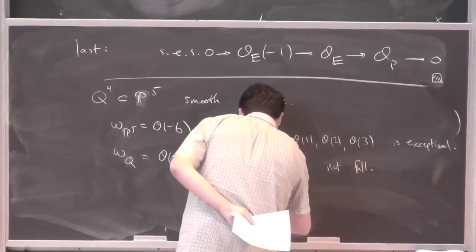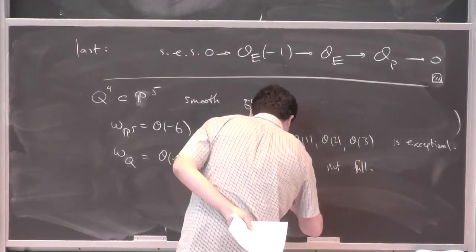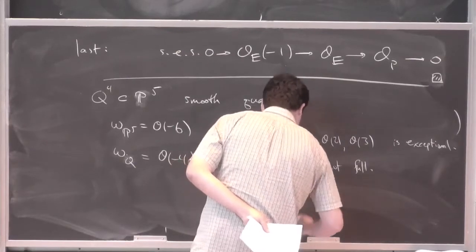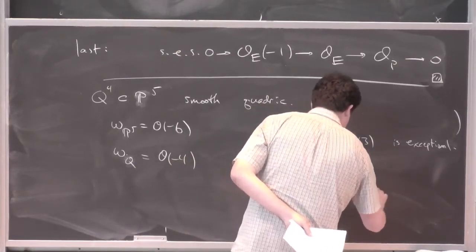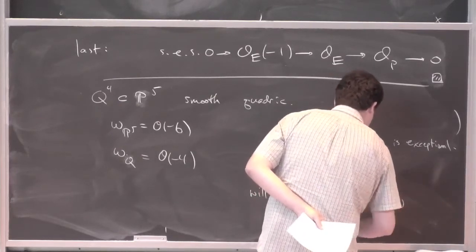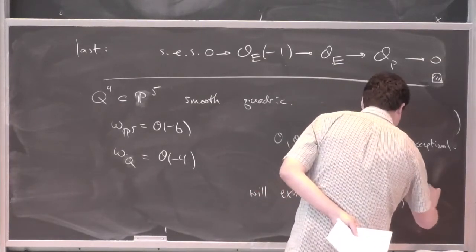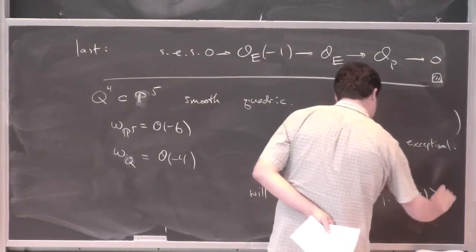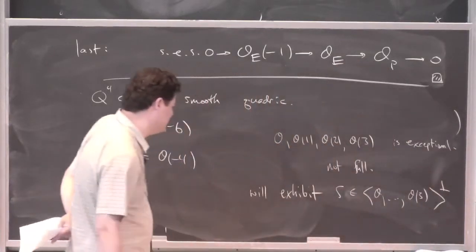And what we'll do, we'll exhibit some S in the category generated by O up to O of 3 that's orthogonal to these, that's non-zero.